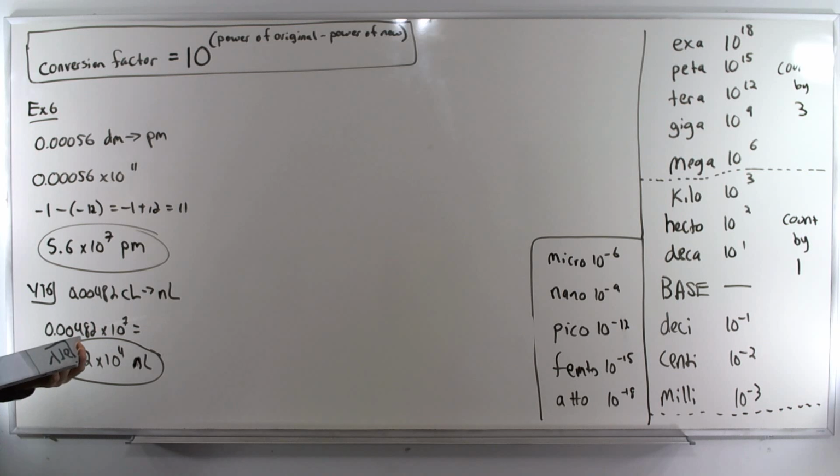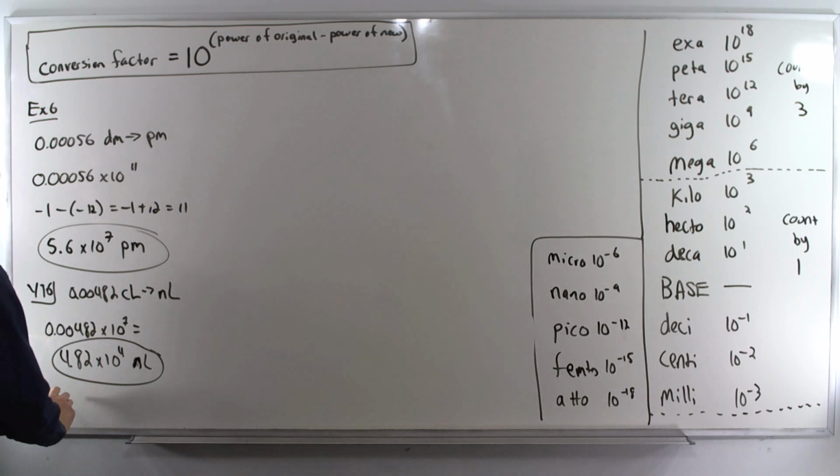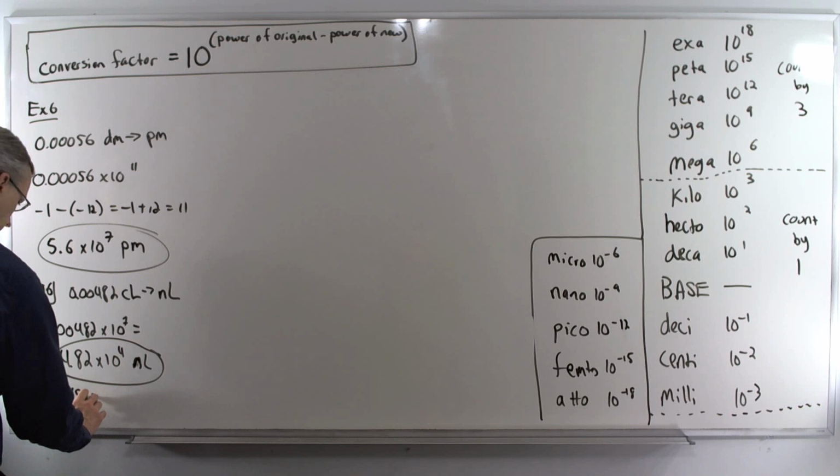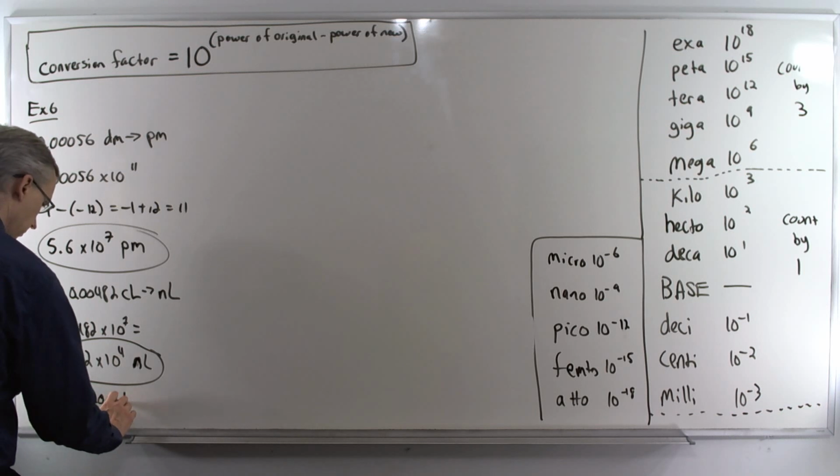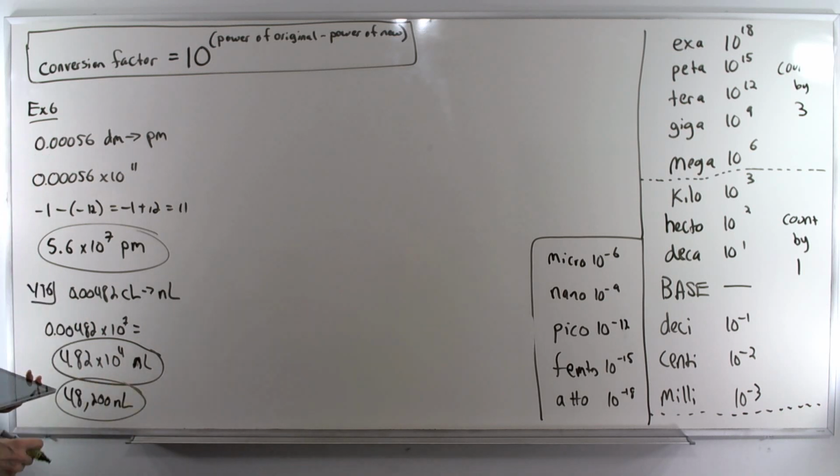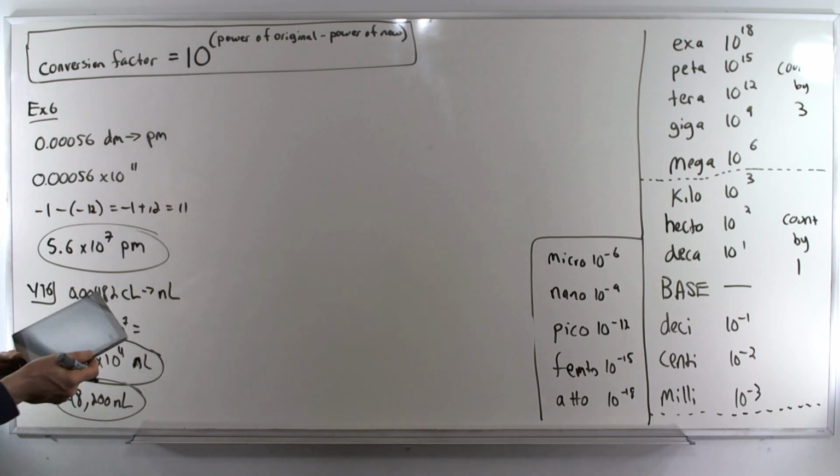Or you could write it as 48,200. Our next example, we're going to change 45,734 deciliters to megaliters.